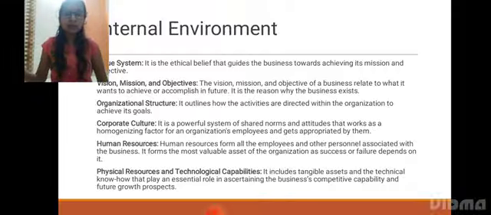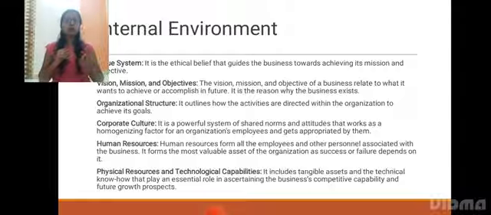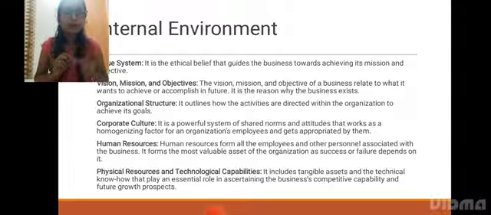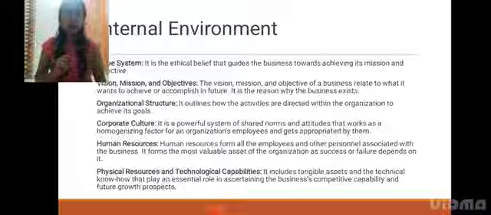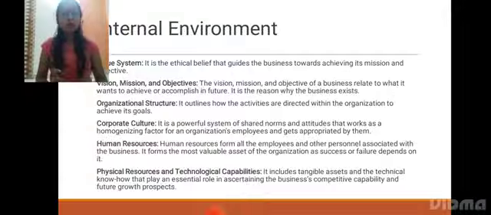Just take the example of PhonePe and GPay. Today's zamana is the PhonePe and GPay zamana. Everyone is using it, and if I want to open a shop of anything, then I have to use that scanner system in my shop. Physical resources, tangible things. I just hope you guys have heard of tangible.